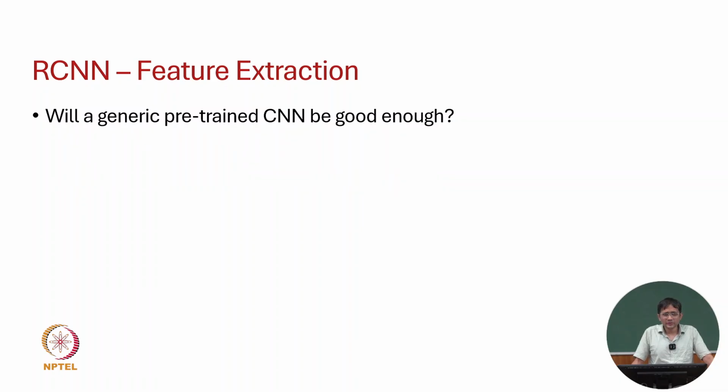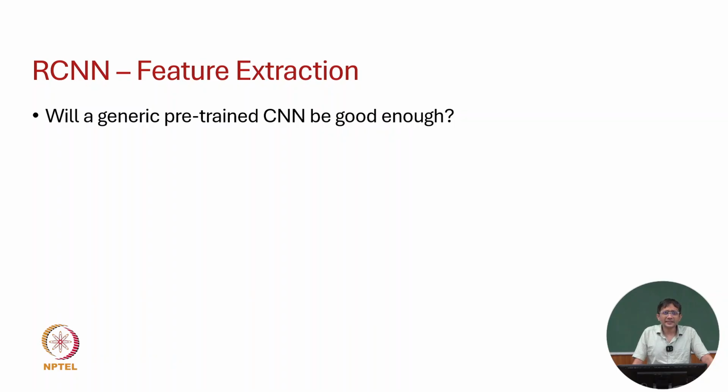To understand the challenge better, let us ask ourselves this question: will a generic pre-trained CNN be good enough? When I'm asking this question, probably the answer is no. That's why I'm asking it. It's not that difficult to guess. So why might a generic pre-trained CNN not be good enough for our particular case?